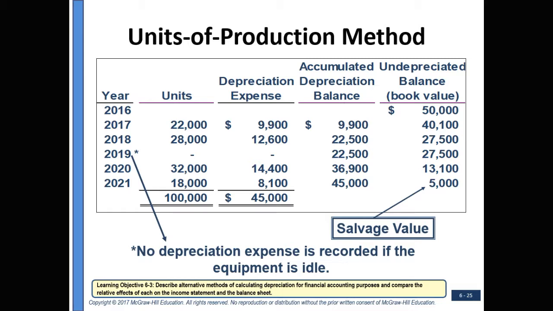Total number of units equals the estimated 100,000 units, and depreciation expense and accumulated depreciation balance will total 45,000, the depreciable amount. And thus, the undepreciated balance is going to equal $5,000 or the salvage value. Once you reach the salvage value, no depreciation expense is recorded.